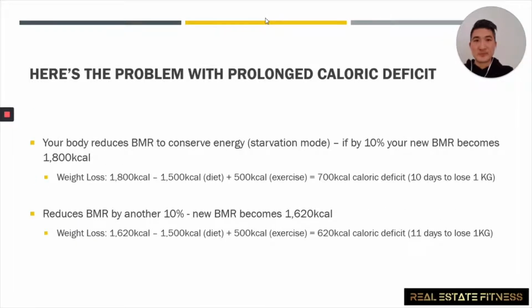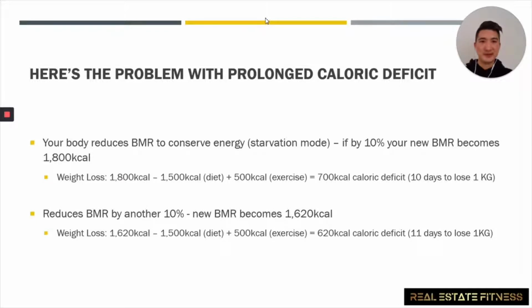Okay? But here's the problem with prolonged calorie deficit. Your body's extremely smart. When it feels like it's starving, when it's going through starvation mode, where you're consistently experiencing caloric deficiency, your body tries to adjust to conserve energy to prolong life.